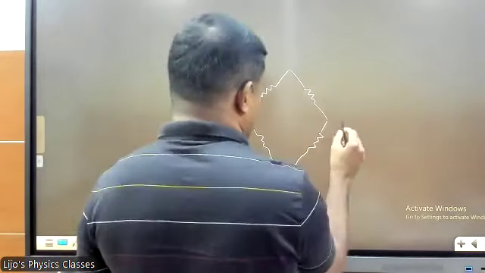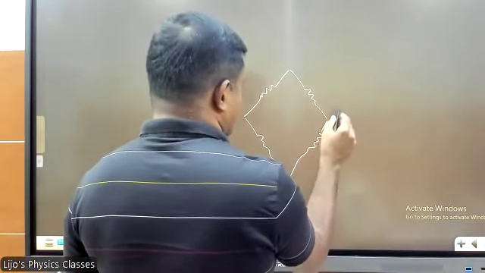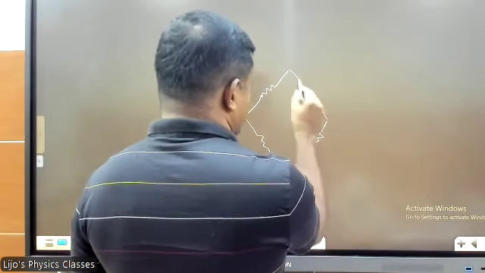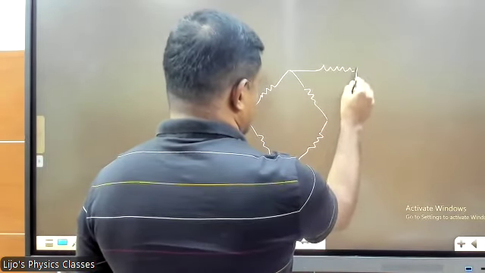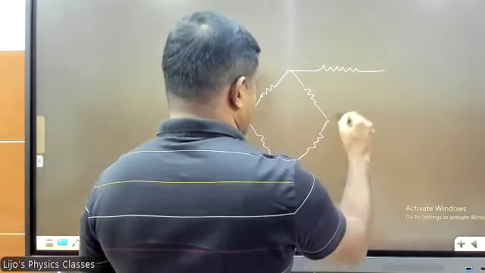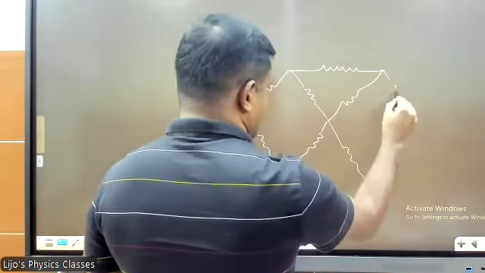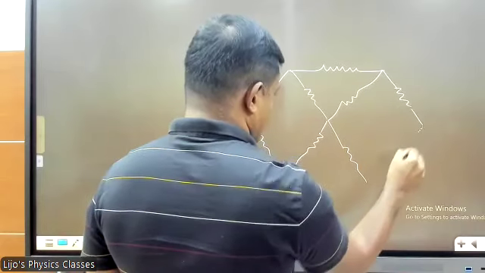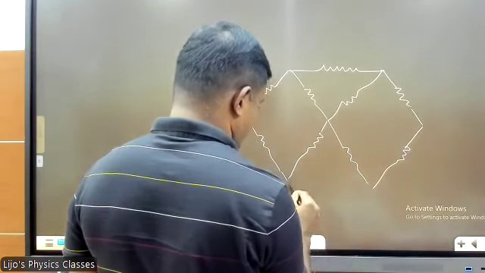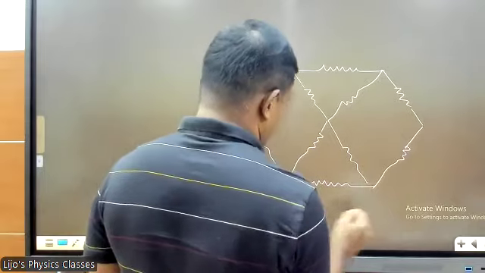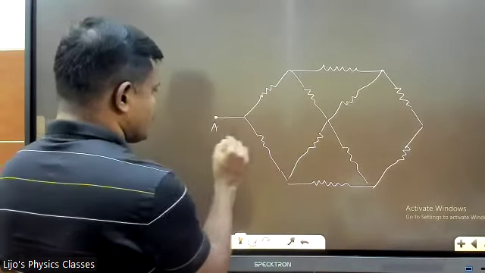Effective resistance is not there for boards anymore. Find the effective resistance between A and B.